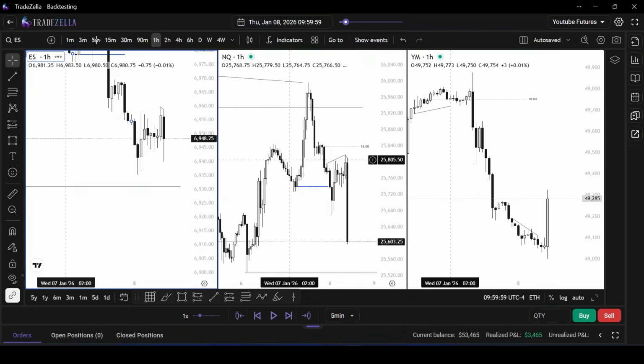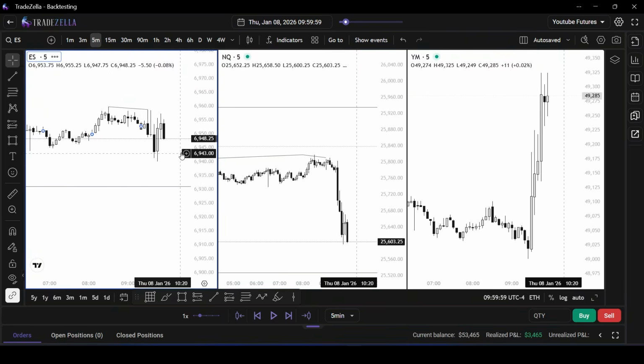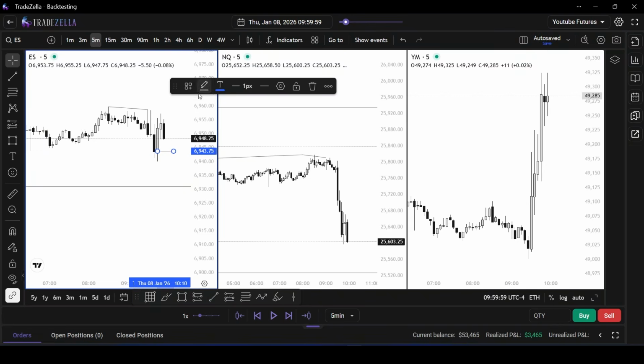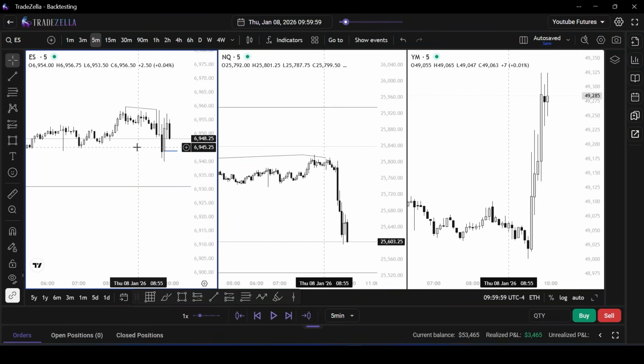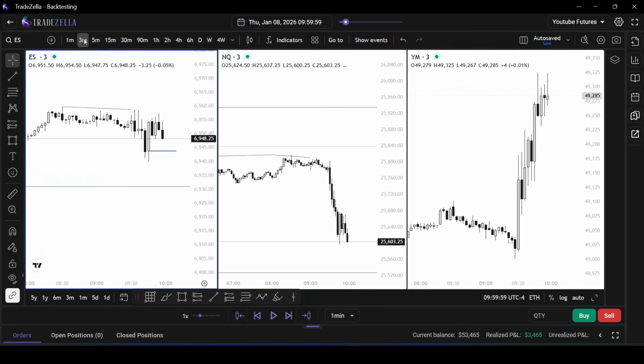So if we're trading within the 1-hour fractal model, we can look at the 5-minute time frame for potential entry signatures. If I'm going to enter on the 5-minute time frame, then I'm going to require price to close to this low, right? But the only problem I have right now is the 10 a.m. can just rip lower, and that's what I don't want to get caught up in.